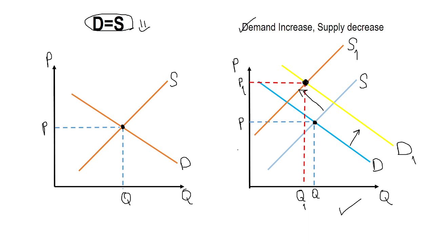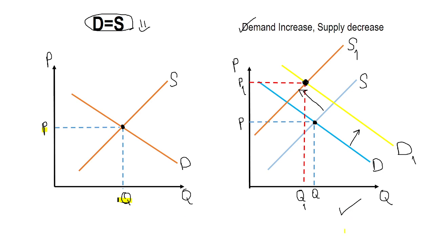So from the first step, we have the original demand and supply curves with the original quantity and price. We want to show it according to the careful reading of the question: increase in demand, decrease in supply.